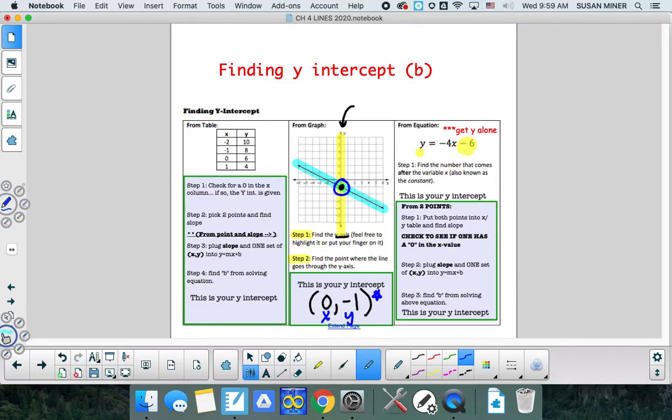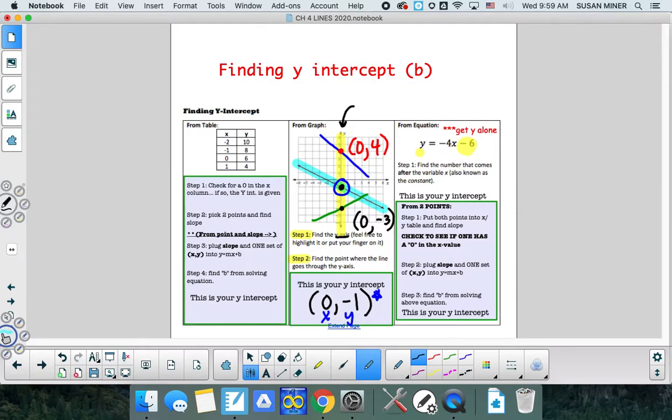If I had a graph that was crossing up higher, then my y-intercept would be a bigger number. If I have a graph that's crossing at a lower point, let's just draw some graphs in here, then my point is going to be a smaller number. So for any graph, I can find the y-intercept just by looking at the y-axis.